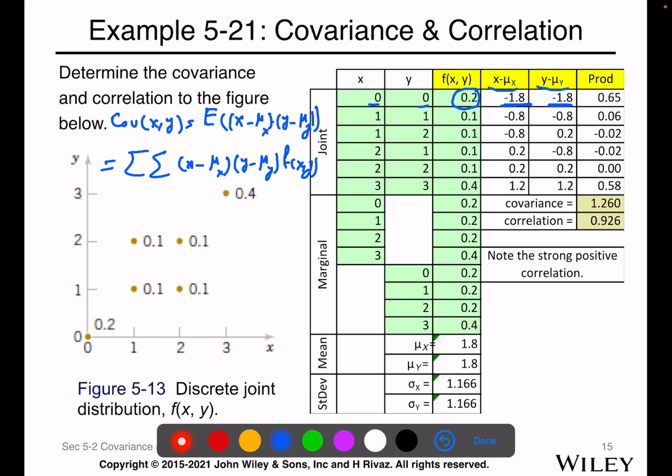So this number here, product column at the end, represents x minus mean of x times y minus mean of y times f of x and y, right? So 1.8 times 1.8 times 0.2 is going to give me 0.65.